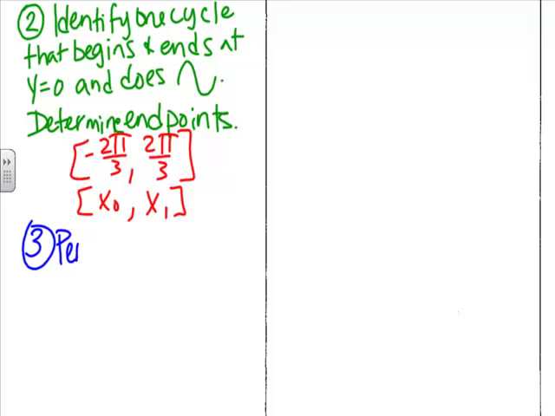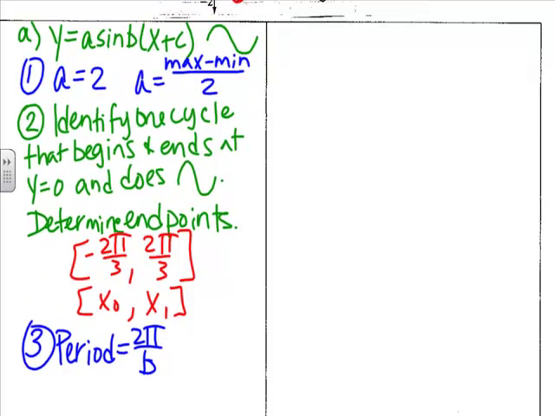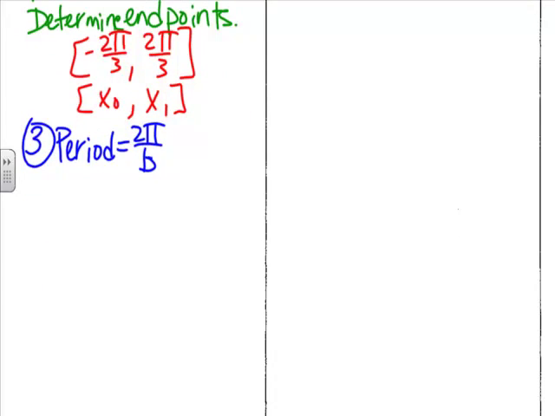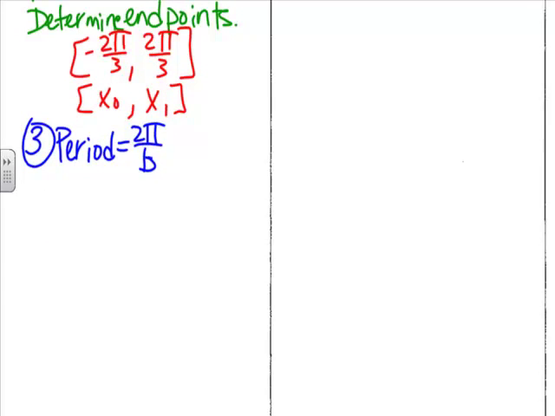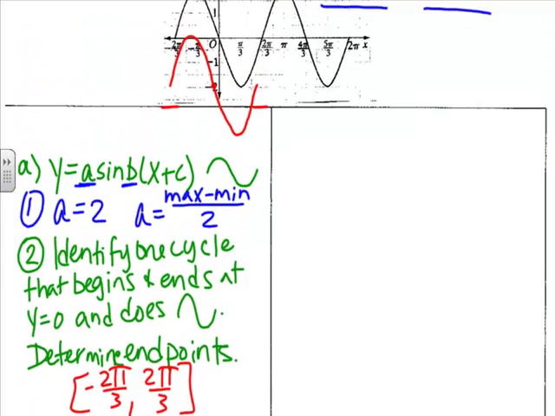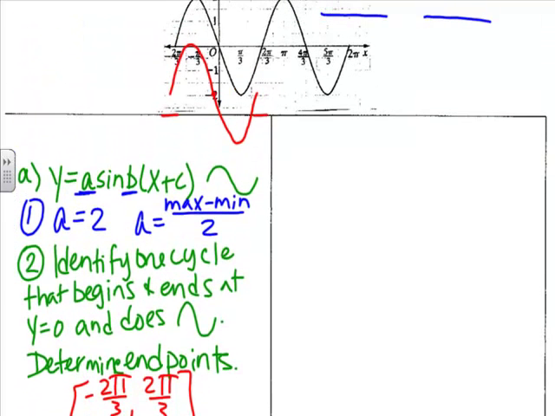So the period, hopefully we're starting to get this in our head, is equal to 2 pi over b. And in the end, what I really need is to know what b is, because I need to put b in the equation. I've already got what a is, now I'm trying to figure out what b is. So the period is how long does it take, if I'm walking on the x-axis, how long does it take to complete one cycle.